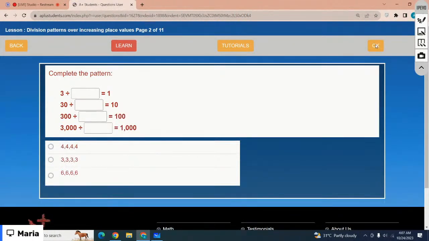The next one is complete the pattern. 3 divided by what number equals 1? Then 30 divided by what number equals 10, then 300 divided by what number equals 100. Which option is correct?